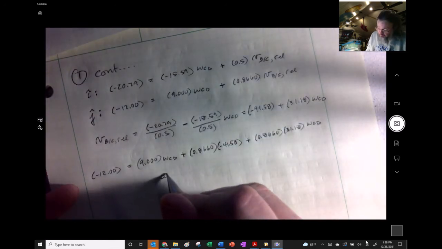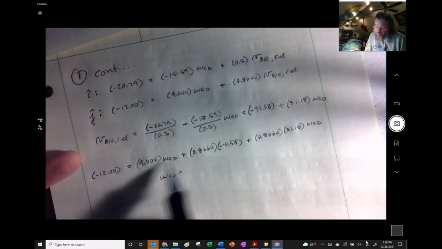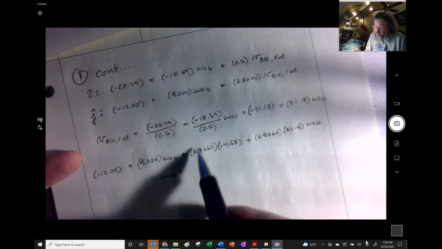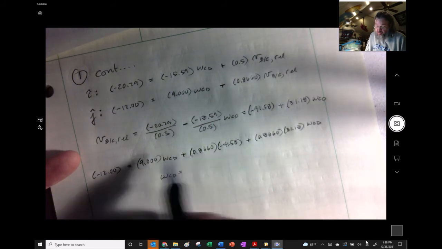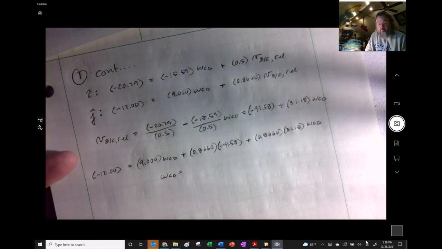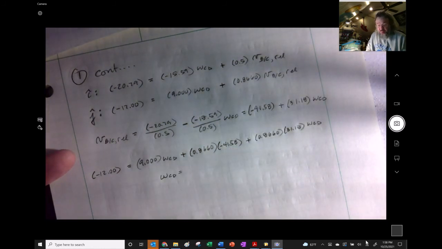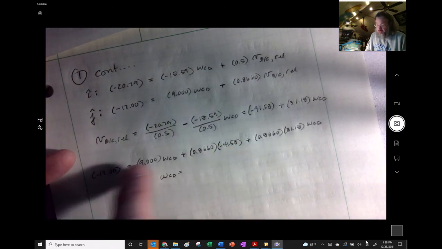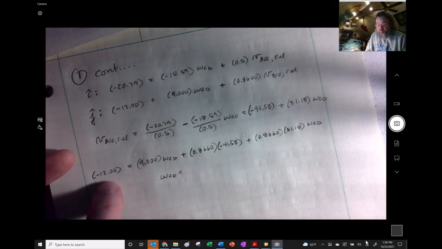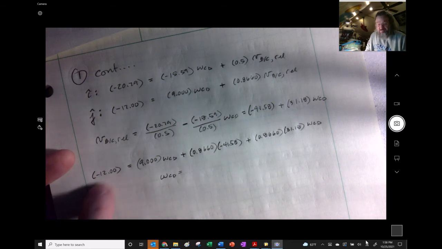Now I can find omega CD. Got to be careful here. Okay, so this is negative right here, but it's going to come over there and become positive. So first I'm going to multiply 41.58 by 0.866. Boom. I get 36.008. He's going to come over there. He was negative here, so I'm going to subtract 12 from that. Gotcha. So now I'm at positive 24.008 right here.